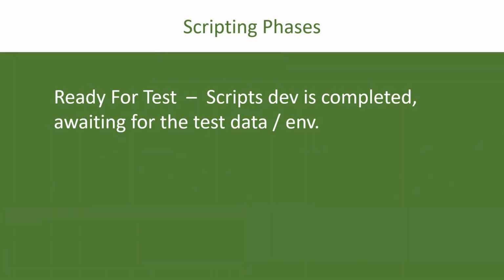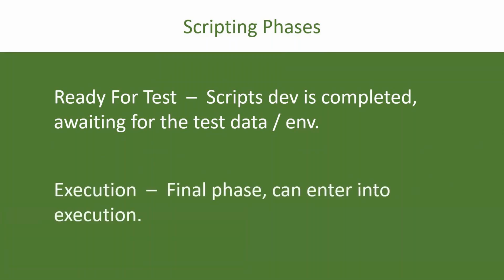And then there is a final phase, which is the execution phase. Everything is ready: script development is done, test data and environment are ready, and then we can go ahead with the execution phase.